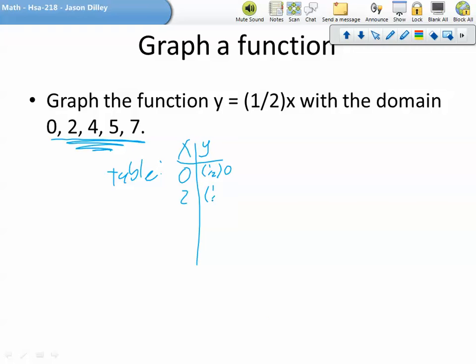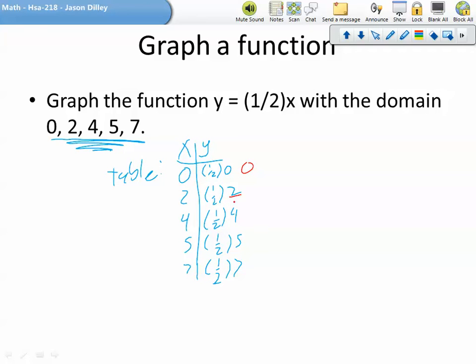So this is going to be 1/2 times 2, and then this one will be 1/2 times 4, and then this one will be 1/2 times 5, and then this last one will be 1/2 times 7. So 1/2 times 0, that's 0. Then 1/2 times 2.